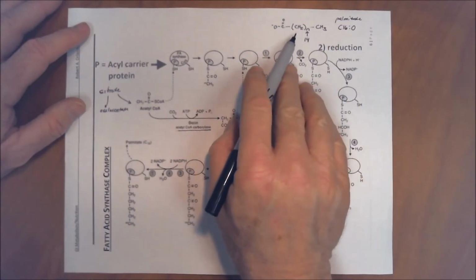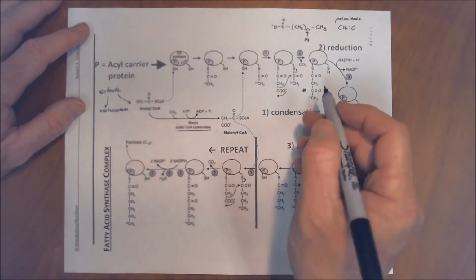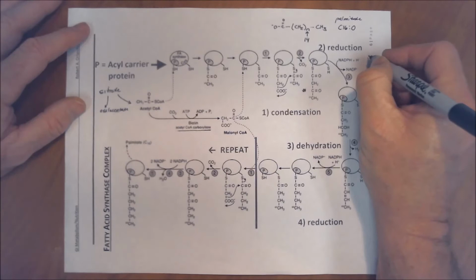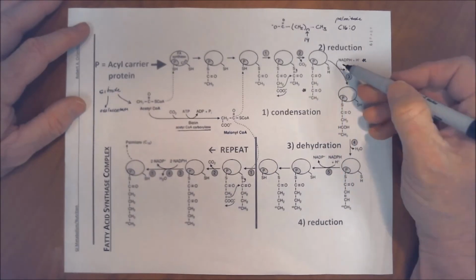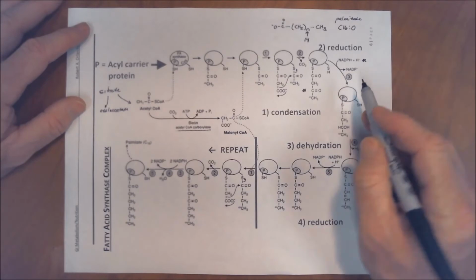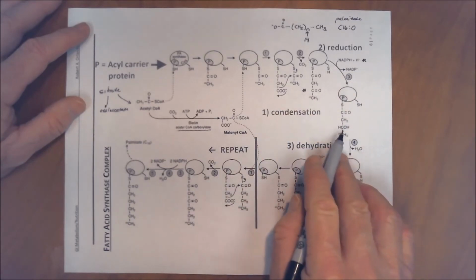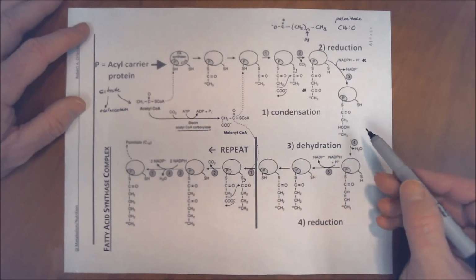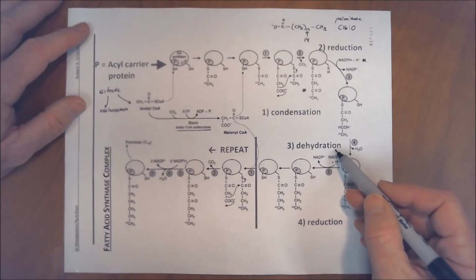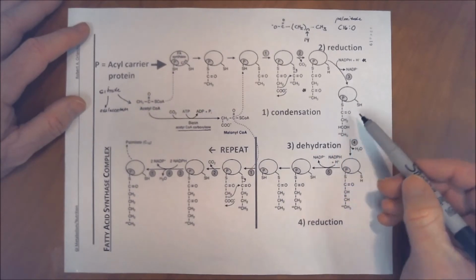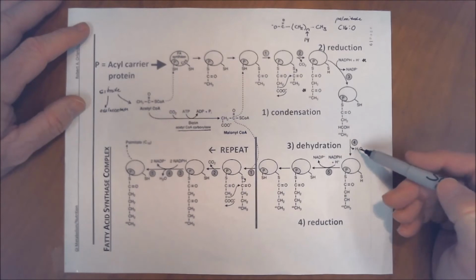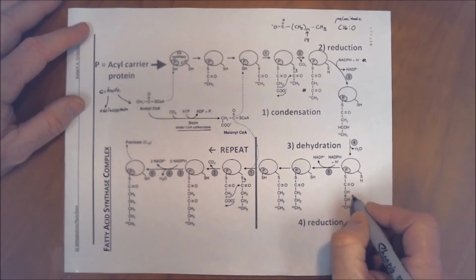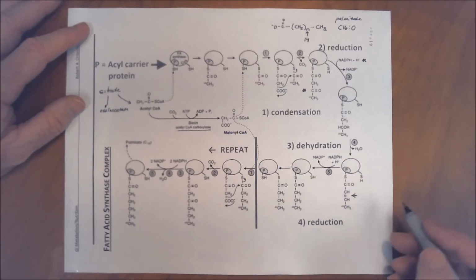So in order to generate the fully saturated hydrocarbon chain, we have to begin reducing these groups. We are going to use our first NADPH in this reaction as a reducing agent to reduce this carbonyl into an alcohol. The next step of the reaction is a dehydration reaction. So this bond here we are going to modify by removing water, and by removing water from this we are going to create a double bond at this point.